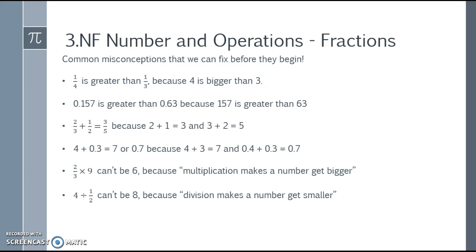Some common misconceptions that we can fix before they even begin, and some of these may resonate with you. Some of you may think that 1/4 is greater than 1/3 because 4 is simply bigger than 3, looking at whole numbers. Some may think that 157 thousandths is greater than 63 hundredths because 157 is greater than 63.